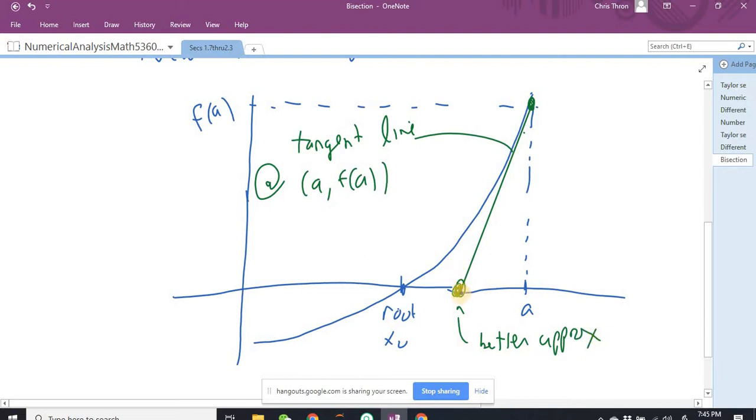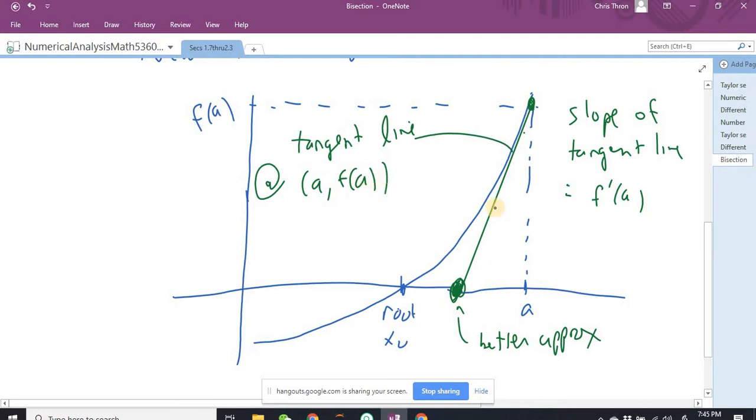So the question is, what are the coordinates of this point? The slope of the tangent line is equal to f prime. So what are the coordinates of this point in terms of f prime, a, and f of a?